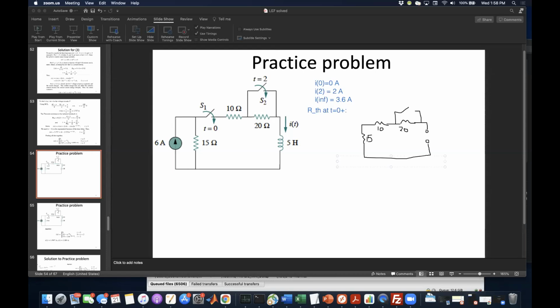And so the RTH is going to be equal to 45 ohms, which makes tau equal to L over RTH, which is 1/9 seconds, because the inductance is 5 and our RTH is 45.